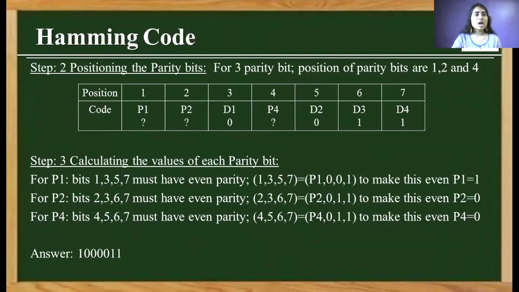So this is how we can convert any message into error correction format, or Hamming code format. Now the sender sends this message to the receiver, and now let's check how the receiver can detect an error and correct it if it got corrupted.